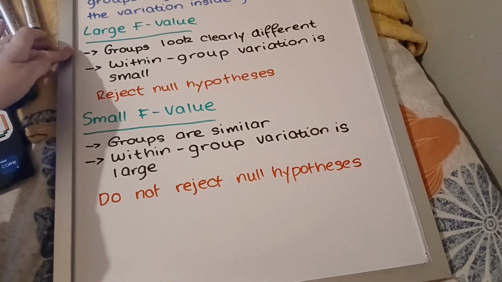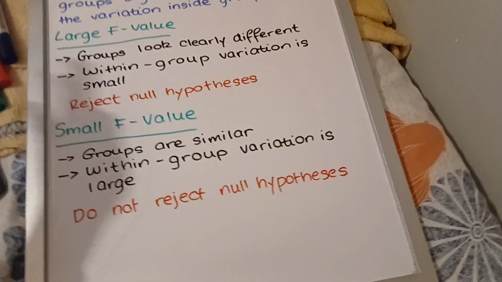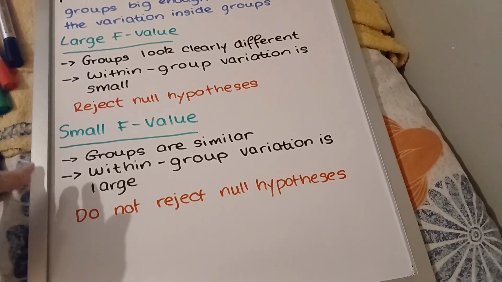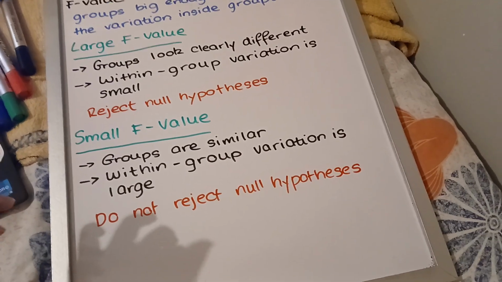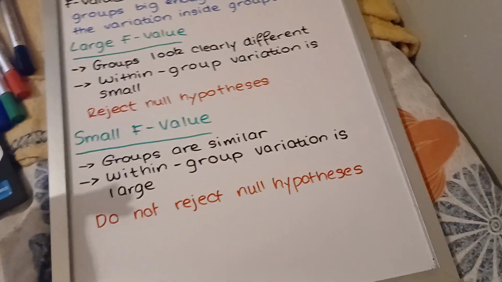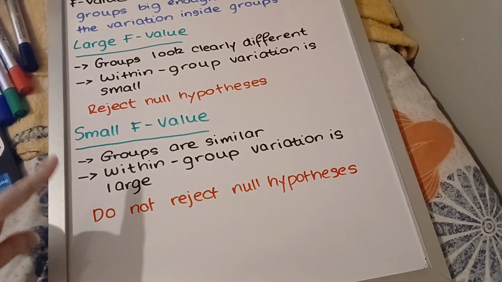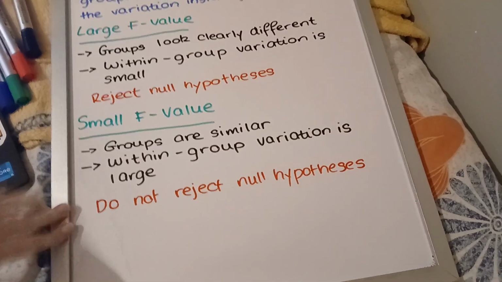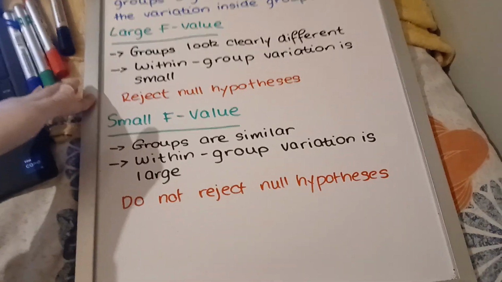If we compare it to a large F value, the group means are similar, so 50 and 60 or 50 and 55, they're similar enough. And then within group variation is large. The individuals within one group are quite different from each other. So in this instance, we do not reject the null hypothesis, because we're saying that the groups are the same, basically.